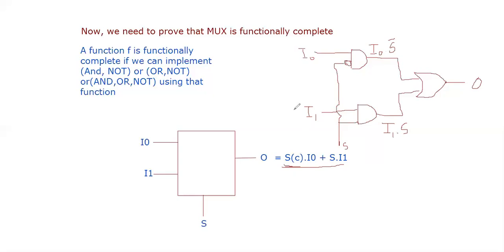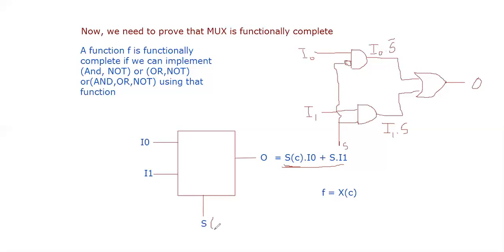Now, if I need to implement a NOT gate, what will be the function of the NOT gate? The function f of the NOT gate is simply x complement, isn't it? If x is 1, we will get a 0. If x is 0, we will get a 1. Now, how do we see that these two functions match?